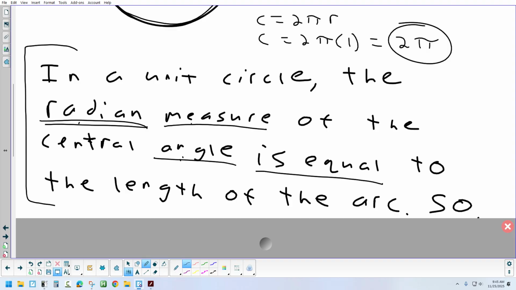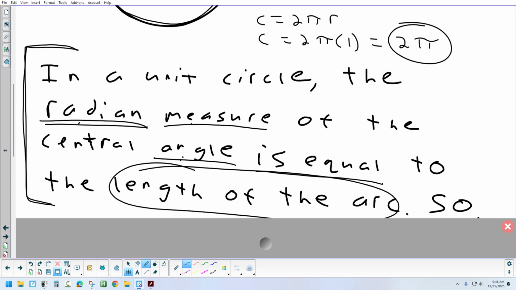Degrees. Okay, this statement right here doesn't tell us anything about degrees. 2 pi, yeah. We know the length of the arc in our problem is 2 pi. So the radian measure of the angle is equal to 2 pi. That's the length of our arc.